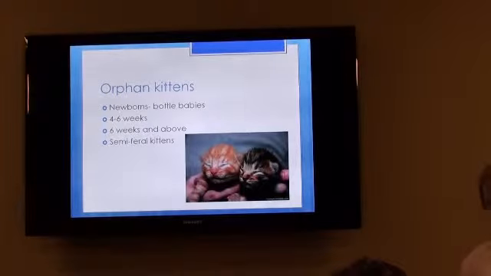And so a lot of times she will trap mama cats and their babies, and or trap a feral mama cat, and we will manage to get the cat in foster care until the babies are born, and then sometimes we leave them, sometimes we separate them fairly soon, don't we? Yeah. So anyway, these are the ones I am most desperate to help, to try to find homes for.